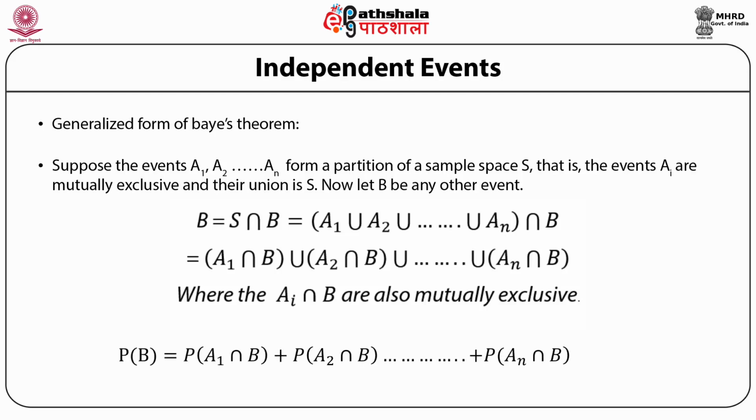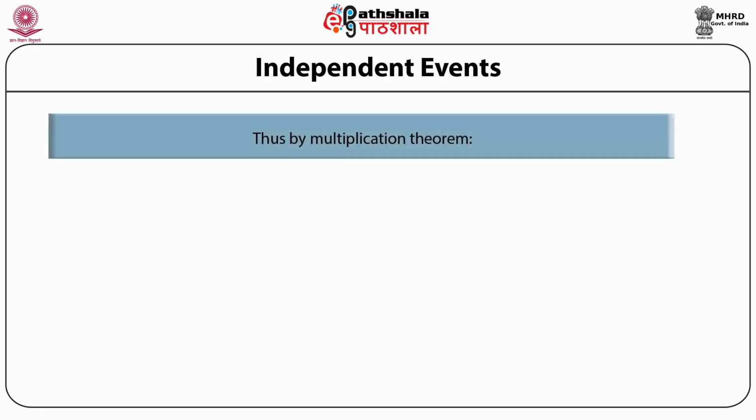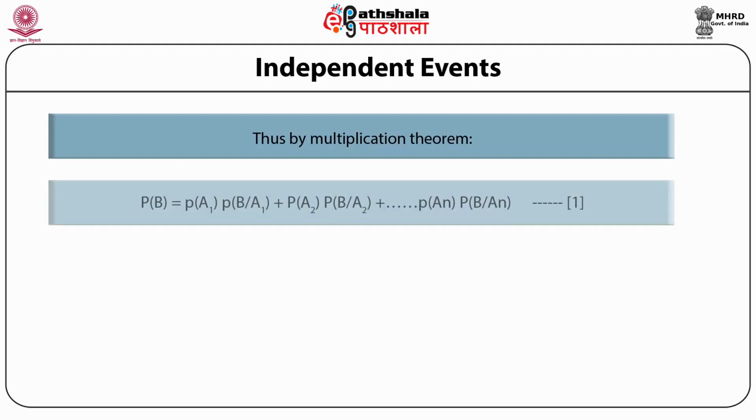Accordingly, the probability of B is equal to the probability of A1 intersection B plus the probability of A2 intersection B and so on. Thus, we will now apply the multiplication theorem on this. So, the probability of B can be written with, in place of the probability of A1 intersection B, the probability of A1 into the probability of B when A1 has already occurred, and so on up to n events.